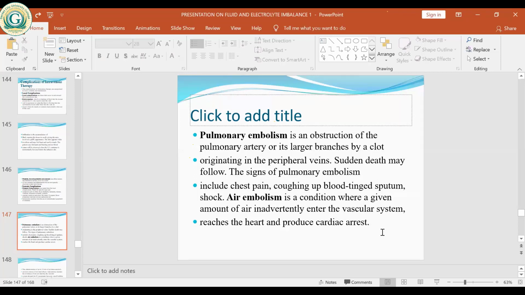Then the clot goes through the pulmonary artery at the junction where the pulmonary artery branches to supply the right and the left lungs. That area is constricted. We call it the bifurcation of the pulmonary artery. It's constricted, and this clot blocks this area so that deoxygenated blood cannot have access to fresh oxygen. This is what we describe as pulmonary embolism.